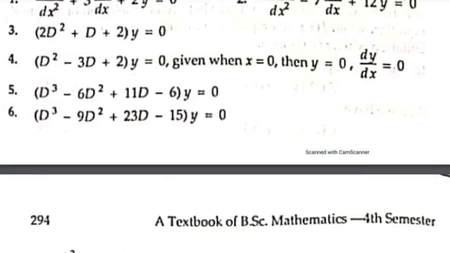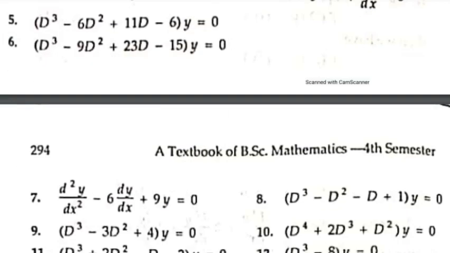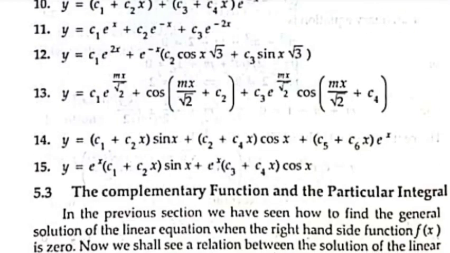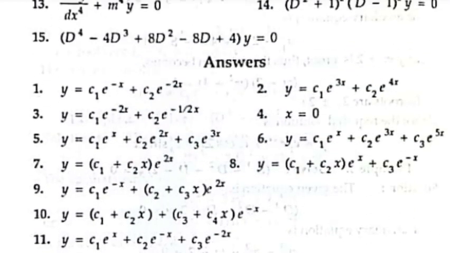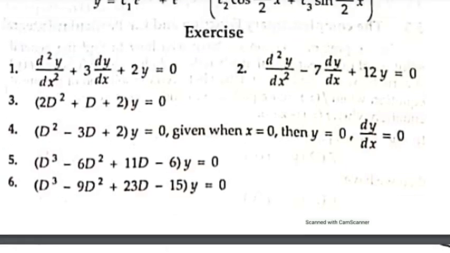Try to solve all the problems, then you can remember the formula very easily, and it is easy to memorize. Then you can write the solution of all the problems without stating the formula. These are the problems and these are the answers. So take the screenshot and try to solve these questions.